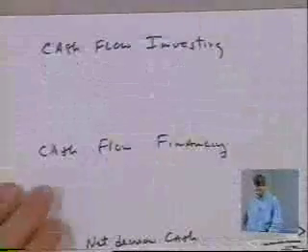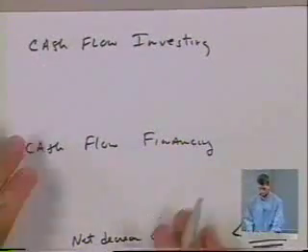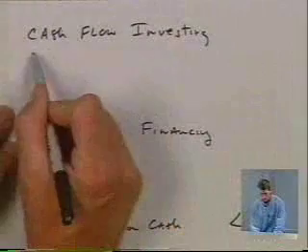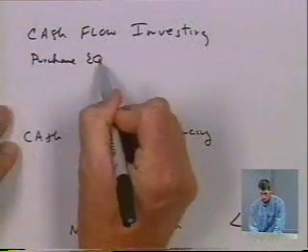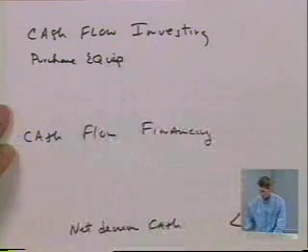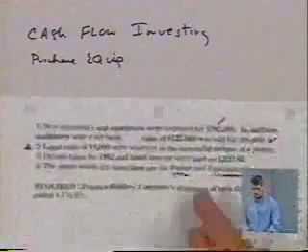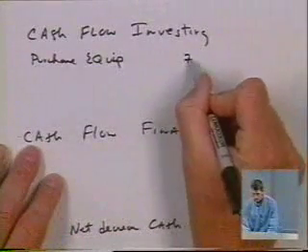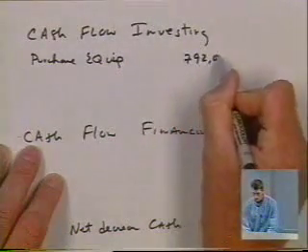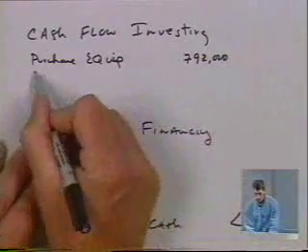So then those items were what? The first item was to purchase equipment. And how much was purchased? $792, right? So they purchased equipment to the tune of $792,000. In addition, they sold equipment.